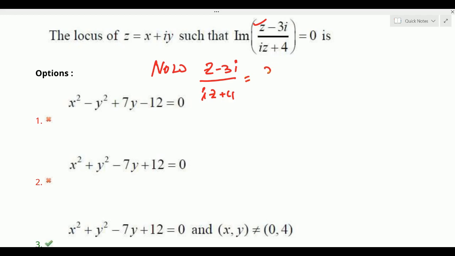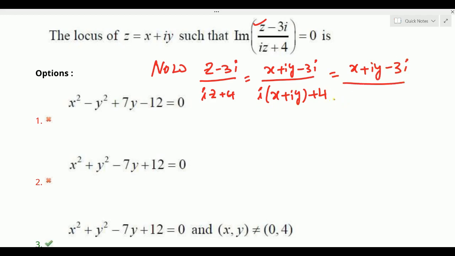Numerator is x plus iy minus 3i, denominator is i into (x plus iy) plus 4. Now simplify the numerator and denominator. Numerator stays as it is. In the denominator we expand with i first: x into i is xi, next i into iy is i square y.